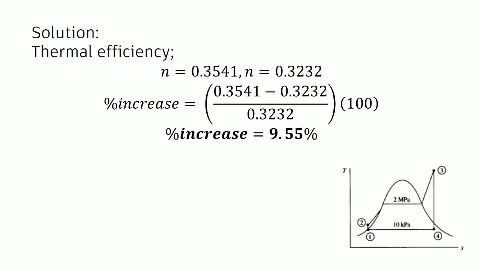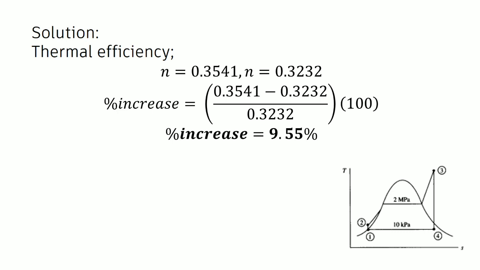So this is it. Our thermal efficiency a while ago is 0.3541, and our previous thermal efficiency on our previous problem is 0.3232. For the percent increase, since we need to calculate the increase in the efficiency of the boiler at increased pressure, that is 4 megapascals, this is the formula.